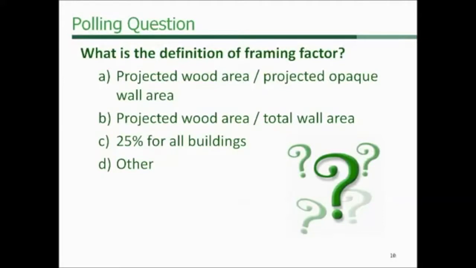And C is a fairly decent answer in that that's kind of your default value if you're using 16-inch on center studs. So truth is all the answers are okay, but the answer I was hoping that you would guess was A, because that's how I emphasized it in this presentation.